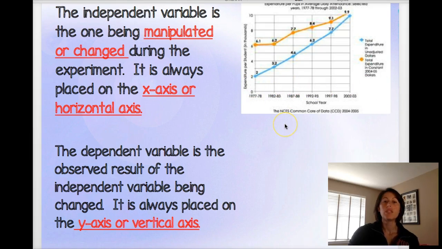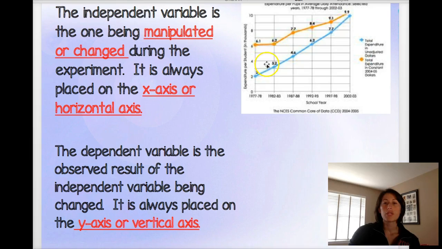Okay? The dependent variable is the observed result of the independent variable, so it's going to be placed on the y-axis. And if you forget which one goes where, I was taught that you can make a D on the y-axis for dependent variable. So this is where your dependent variable would go, okay?